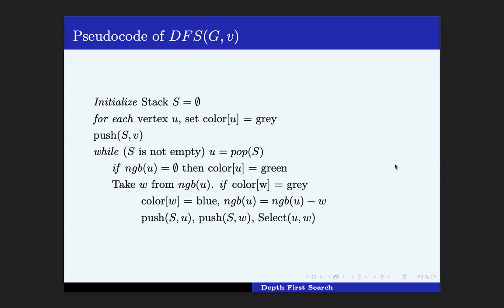This operation of removing edges ensures that it's order of mod E, and the mod V component comes from the stack and all the coloring operations, which are all mod V.